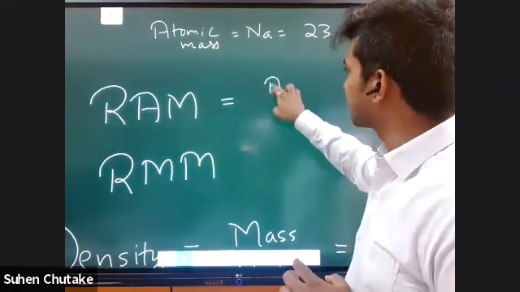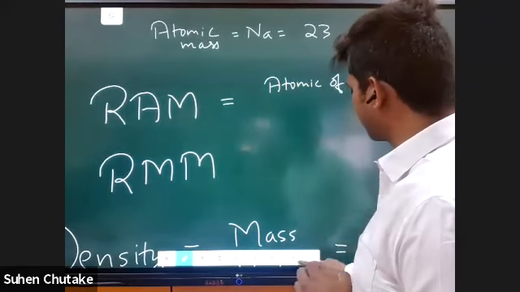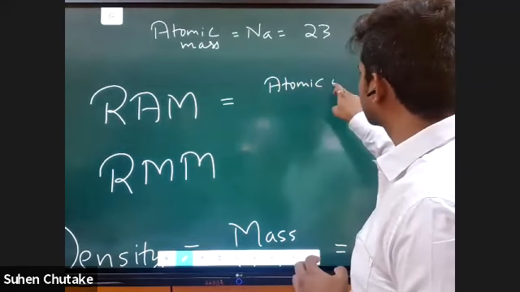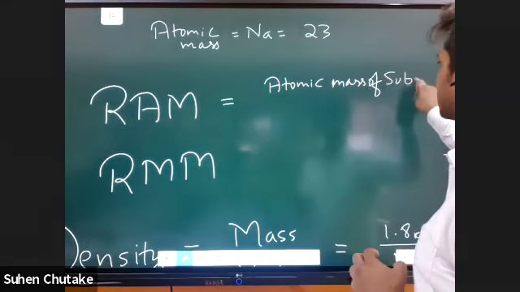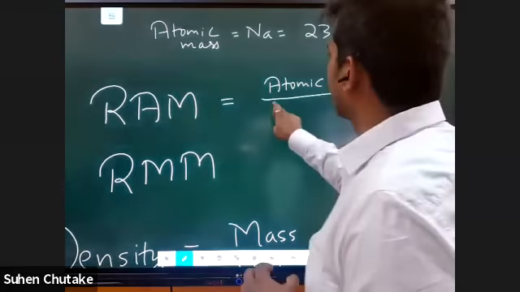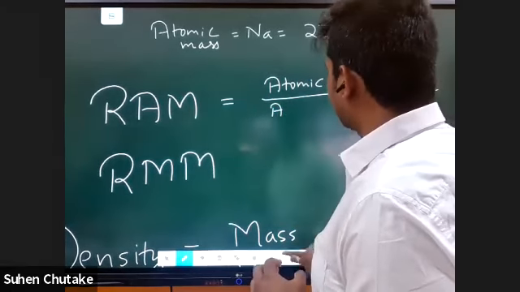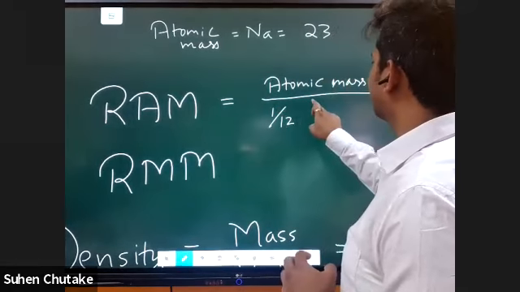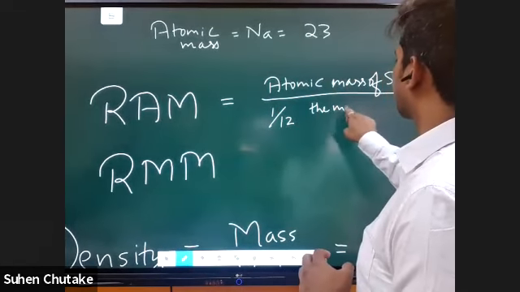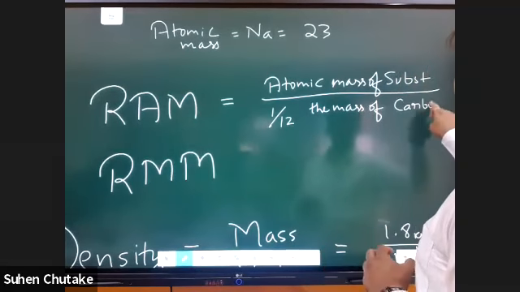Relative atomic mass will be atomic mass of substance divided by 1/12 the mass of carbon atom.